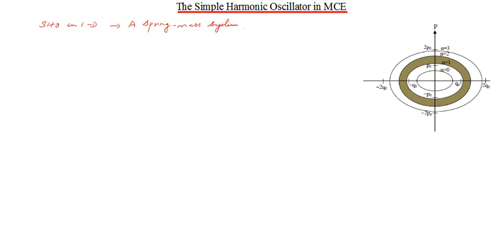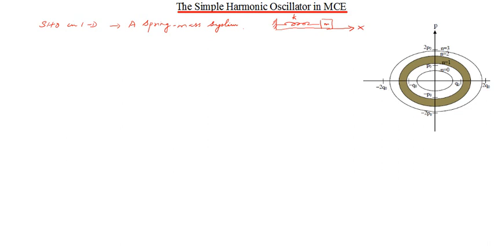Say one like this: you have a frictionless surface connected with a spring of spring constant K and a mass M. Let's take this axis to be the x-axis.